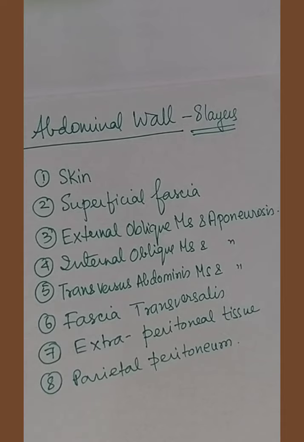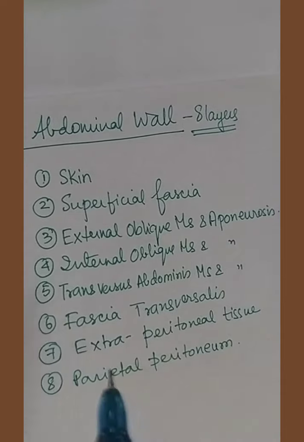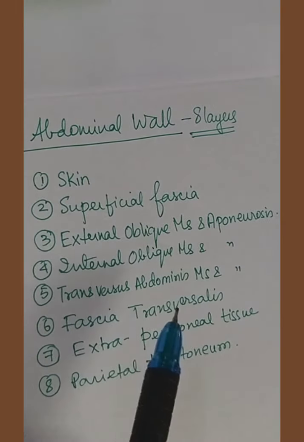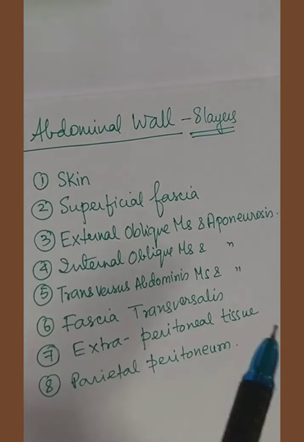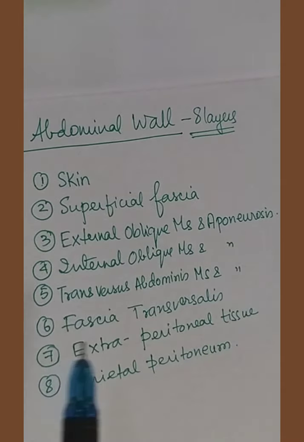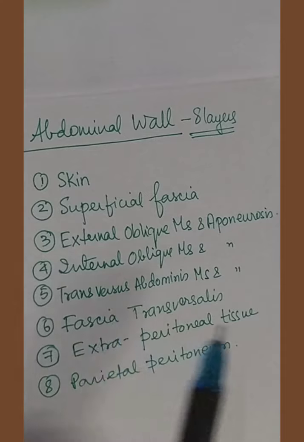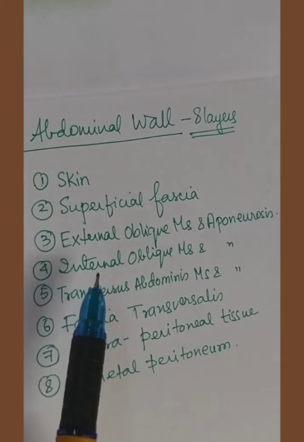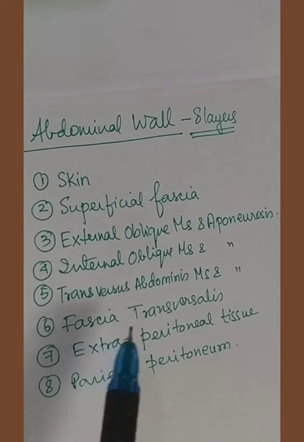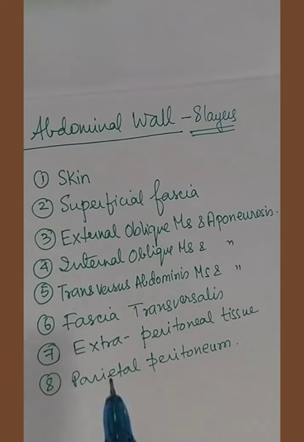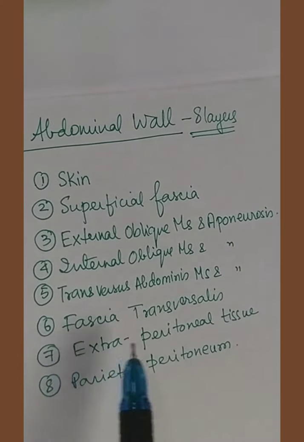From outside inwards, these are the skin, the superficial fascia, the external oblique muscle and its aponeurosis, the internal oblique muscle and its aponeurosis, and the transversus abdominis muscle and its aponeurosis. The external oblique, internal oblique and the transversus abdominis are the 3 flat muscles. Then comes the sixth layer, the fascia transversalis.